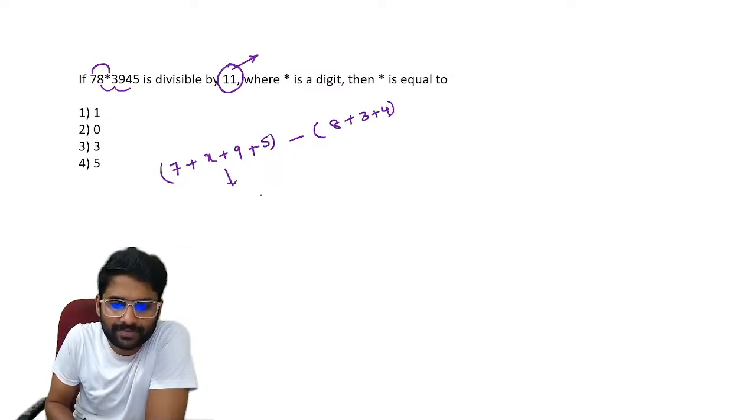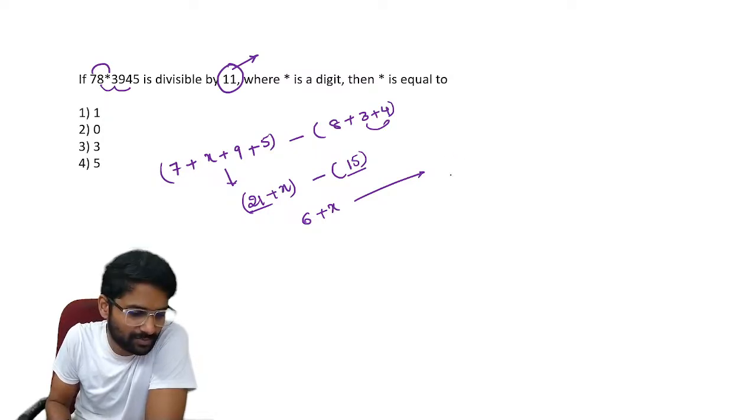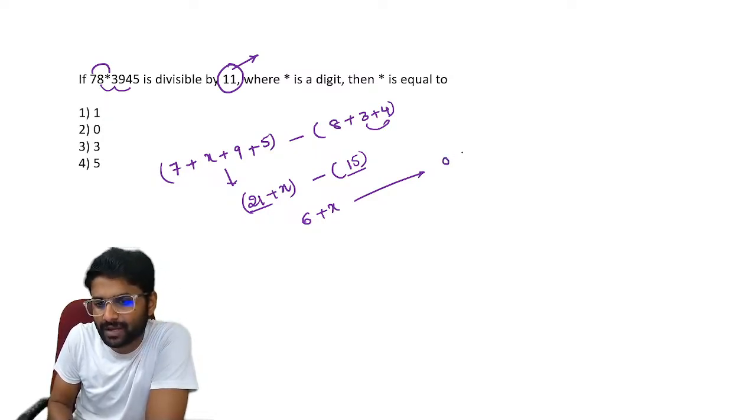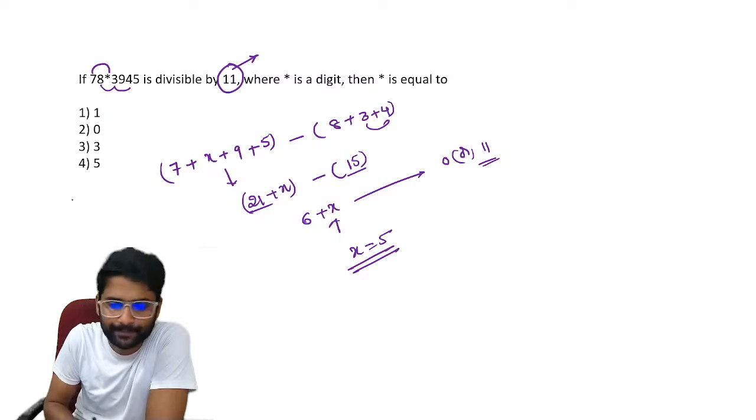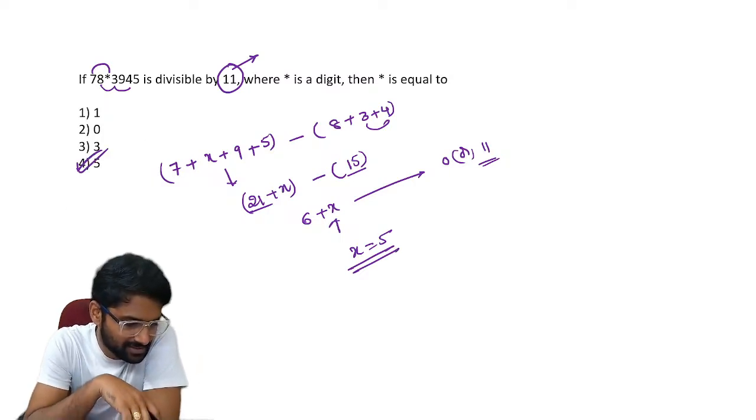If you go through the sum, 21 plus x minus 7 plus 8 is equal to 15. So the difference is 6 plus x. Any number divisible by 11 should have the difference either 0 or a multiple of 11. So x should be replaced with 5. So 5 is the correct answer.